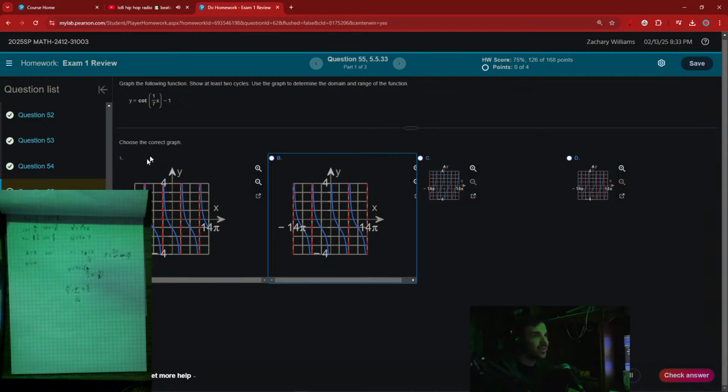Alright. So we gotta find how these two are different, right? It looks like the main difference is where the asymptotes are. This one goes through the origin. Cotangent is not, right? I believe that's what we've discovered. We can find out.